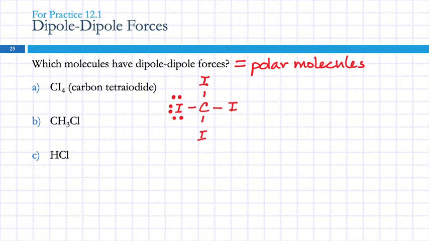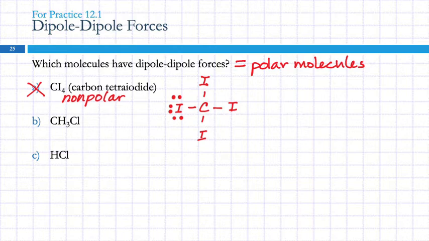So there's no way that carbon could have any lone pairs, right? So the rules for a nonpolar molecule: no lone pairs on the central atom, check. All atoms bonded to the central atom are the same or have the same electronegativity, check. So this is a nonpolar molecule. Any questions about that? Does it have dipole-dipole forces? No. It only has dispersion forces.